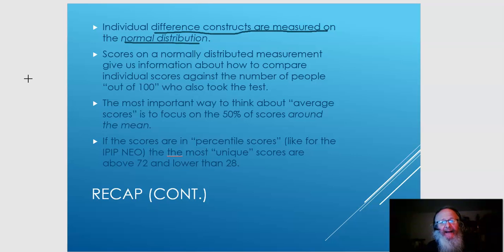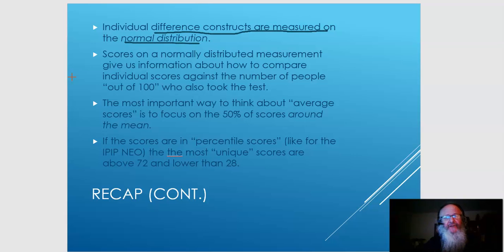This is the thing that I didn't really highlight so much in the first two recordings, but in this recap I wanted to come back and talk about, okay, when you're looking at your percentile score on any of the IP-Neo factor or facet scores, you're thinking about it in terms of how do I compare on my score versus all of the other people who have taken this test and have become part of what we call the normative sample.